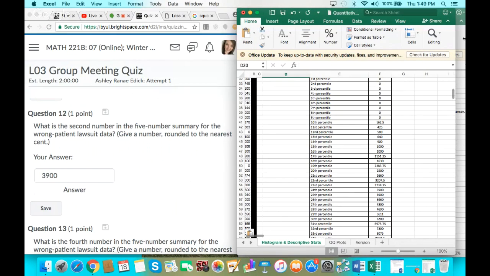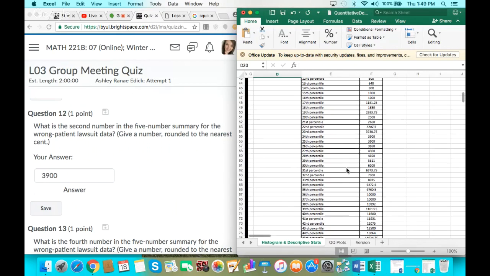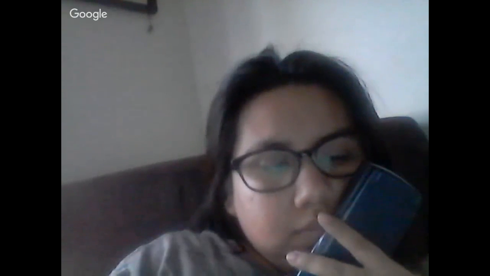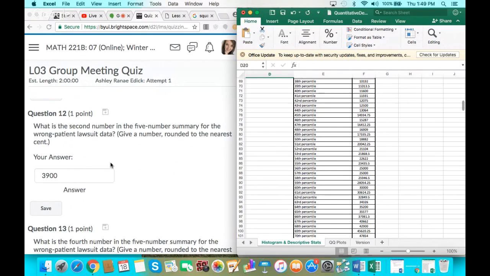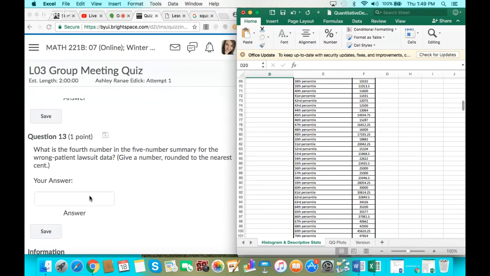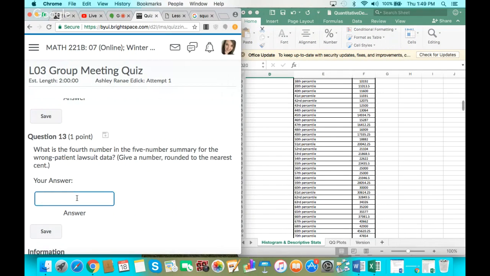And then it's the 50th percentile. So 18,882.